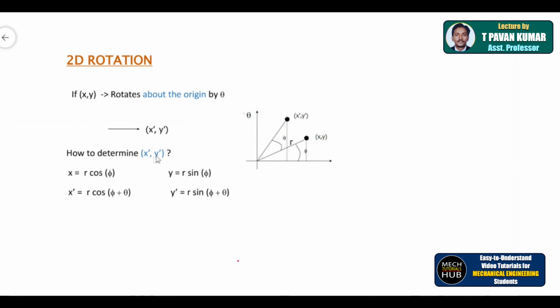How to determine this x prime, y prime: with respect to the baseline x axis and this as the y axis, this particular point is maintaining an angle of phi and this is maintaining an angle of theta, and the distance from the origin to the old position is r. From the basics you can easily write x is equal to r cos phi, x prime is r cos phi plus theta. This derivation I'll show you. y is equal to r sin phi.